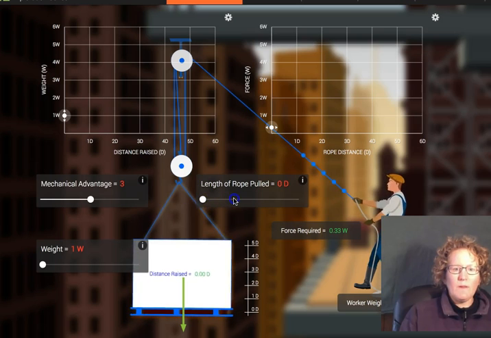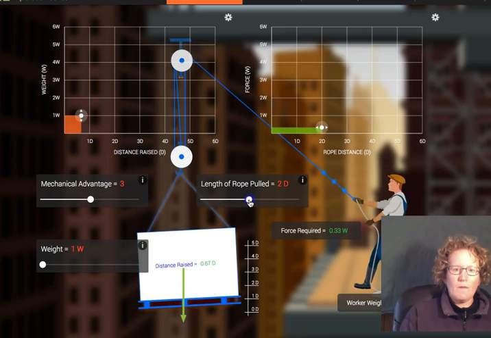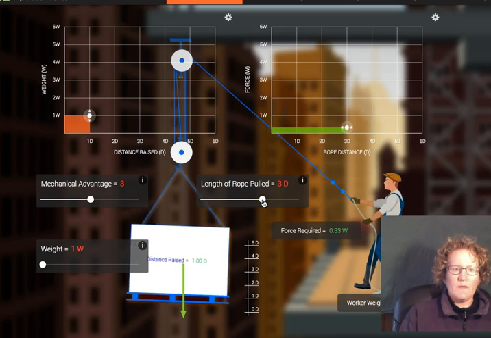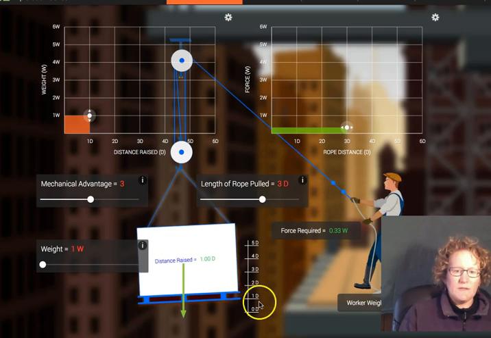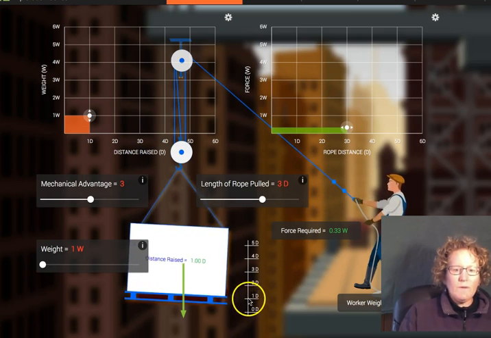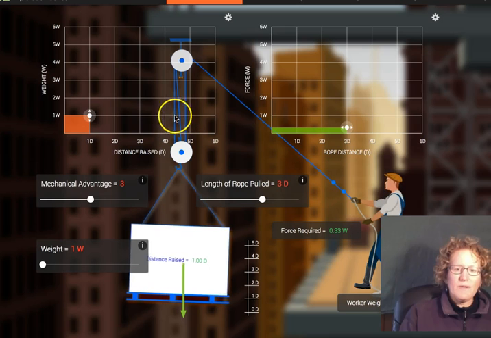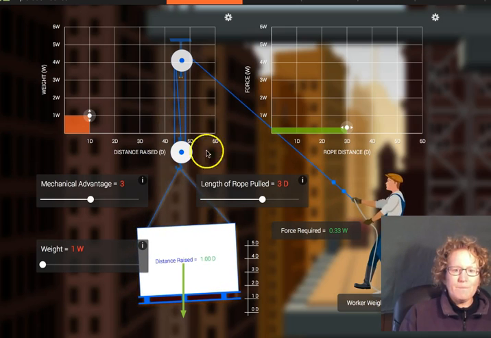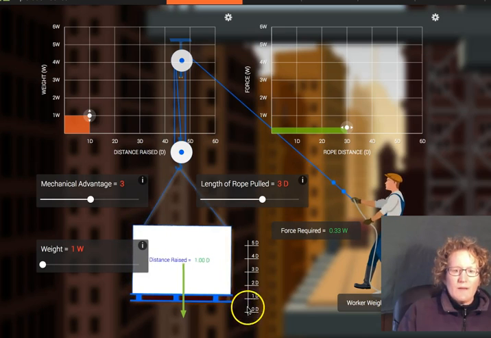So we'll pull 3 times the distance, 3 units of distance. And you can see that we only raised the box 1. So the mechanical advantage here makes you pull 3 times further than you raise the box.